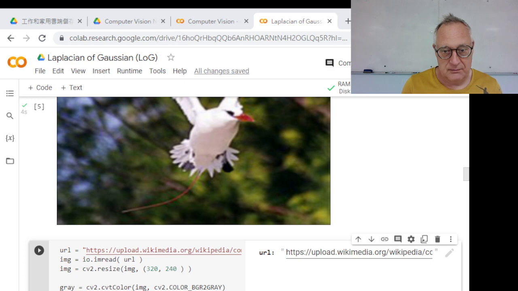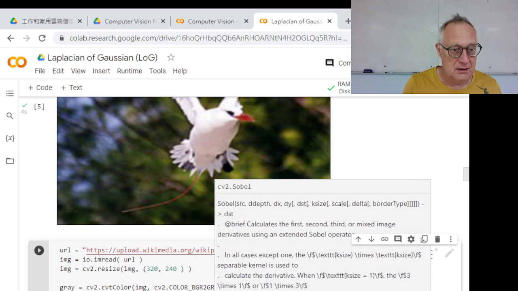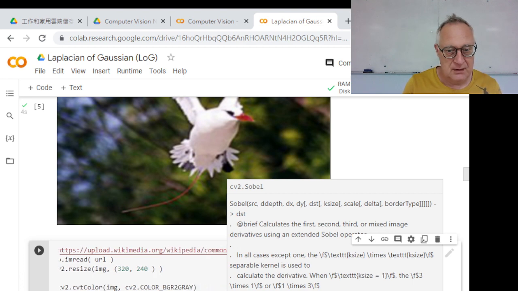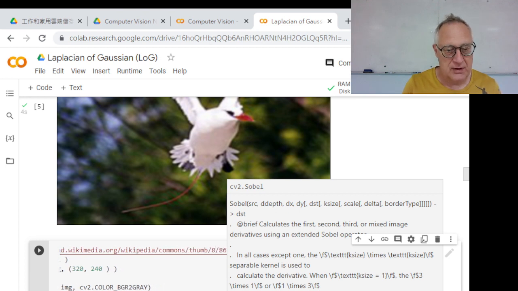So this would be the data type for the output image of our gradient edge detection algorithm. The direction of the kernel, the size of the kernel, the scale, and no shifts, and specifying what happens at the border.